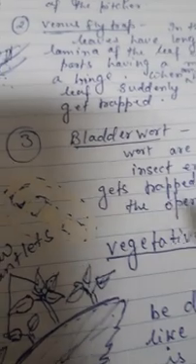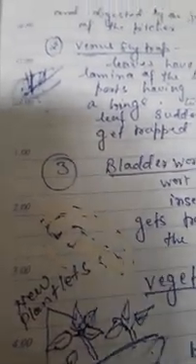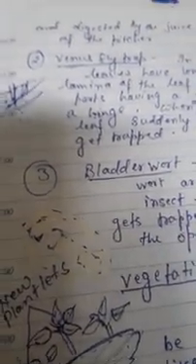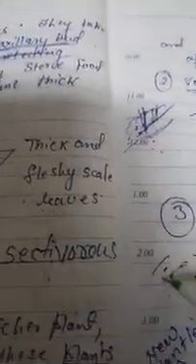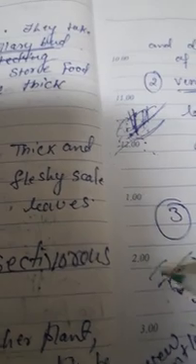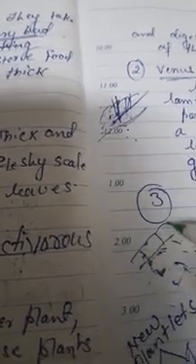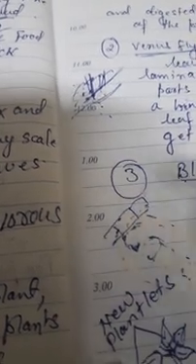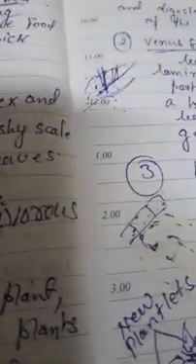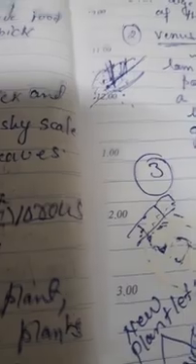Third, bladderwort. The leaves of bladderwort are highly segmented. Segment means compartment-like structure.